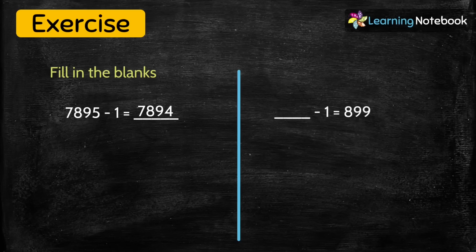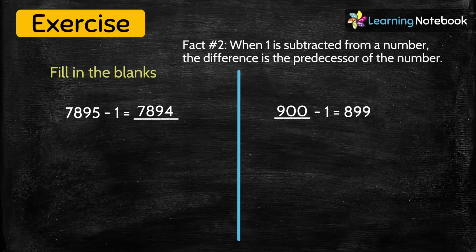Second question is dash minus 1 equals 899. Here answer is 900 because 899 is predecessor of 900.